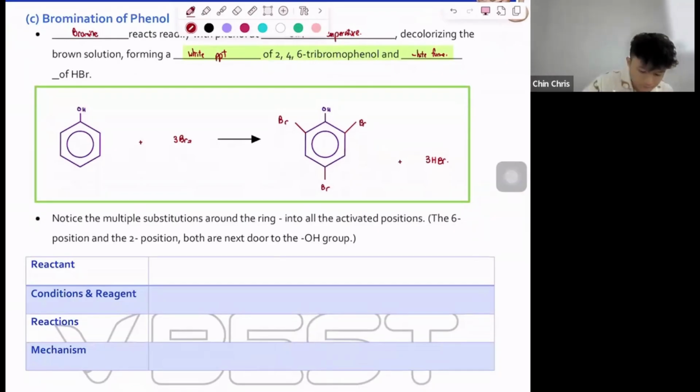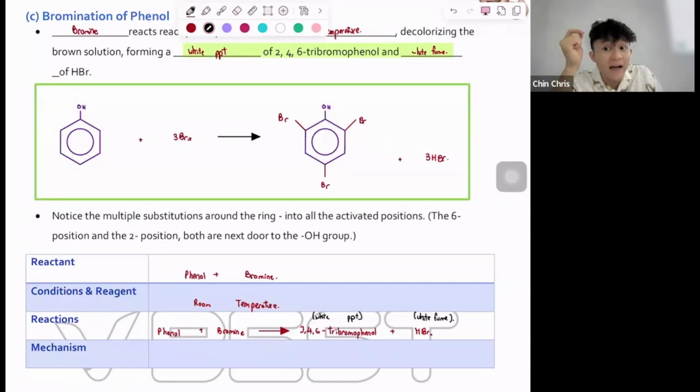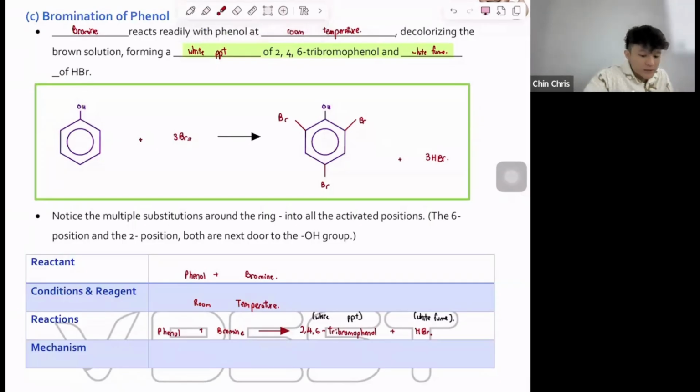Alright guys, now I have a question. I want you to tell me what is the mechanism behind this. Well done, electrophilic substitution. Guys, remember this: anytime a substitution occurs on the ring, it's always electrophilic substitution.